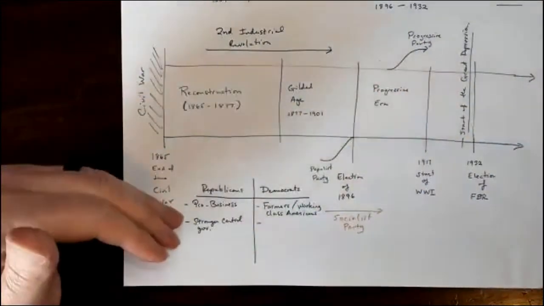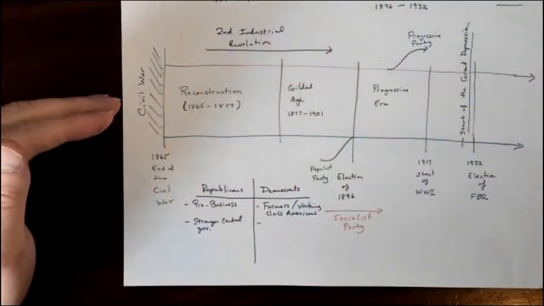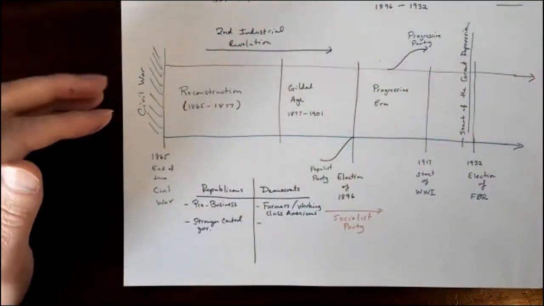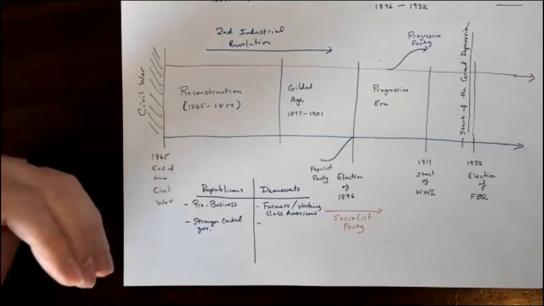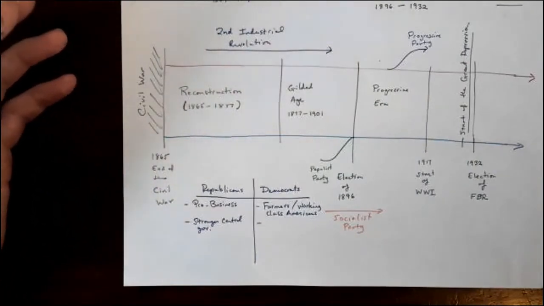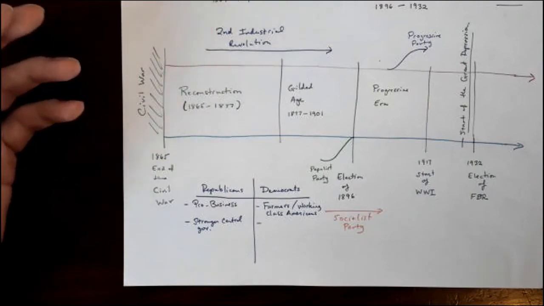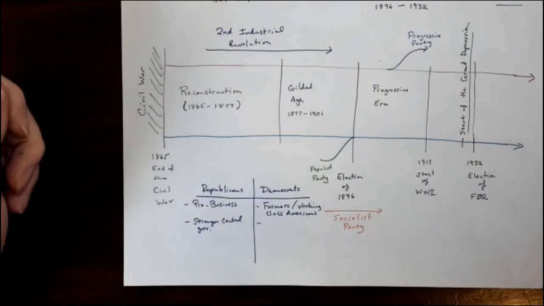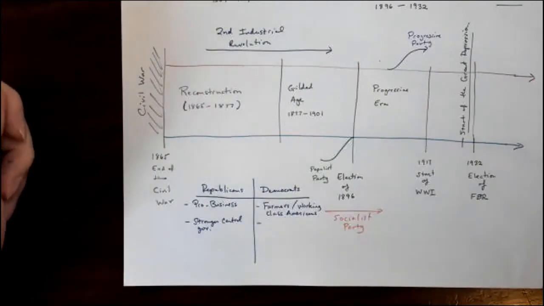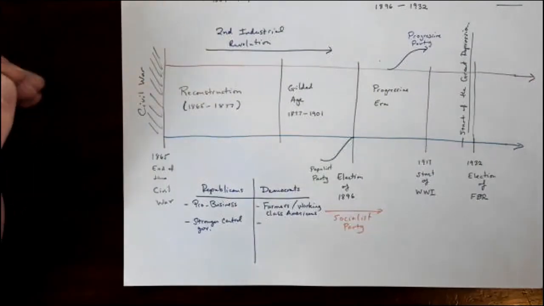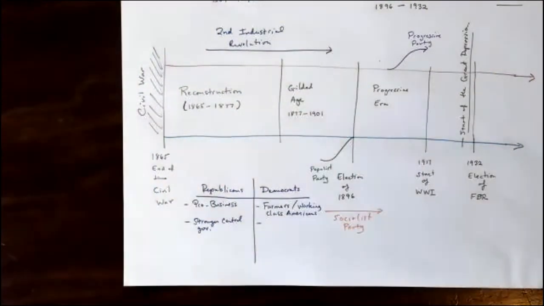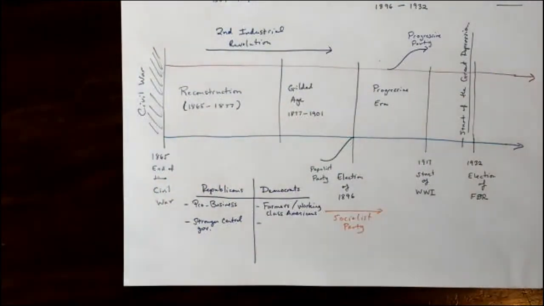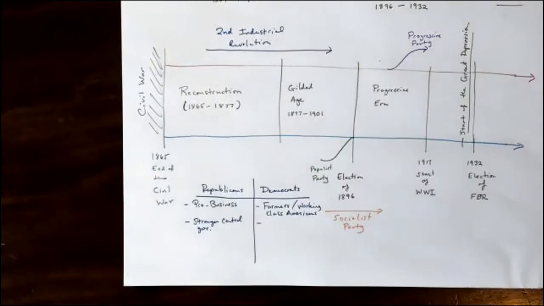And the central government under the Republicans in Reconstruction becomes basically a force for establishing new rights that didn't exist before this time period, not only ending slavery, but giving African Americans citizenship, and then giving them the right to vote. Establishing the Freedmen's Bureau in order to set up educational programs, redistributing land. So there was a push for stronger central government, especially by radical Republicans.